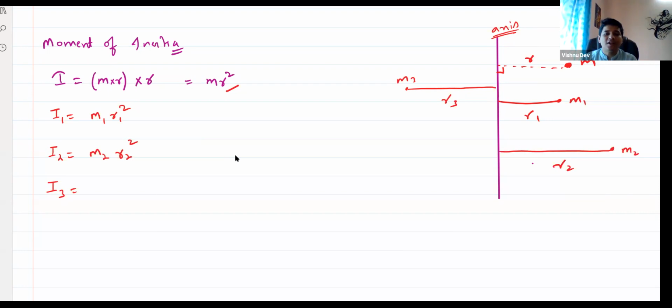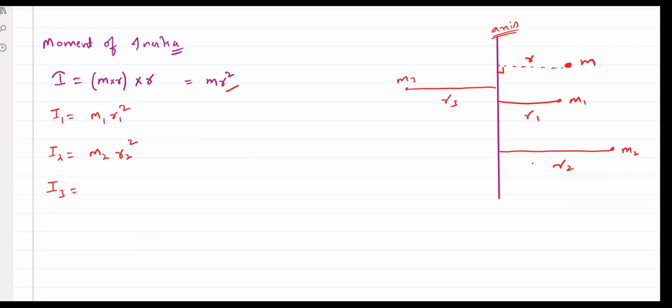See, moment of inertia is not moment of mass. Okay, understood?